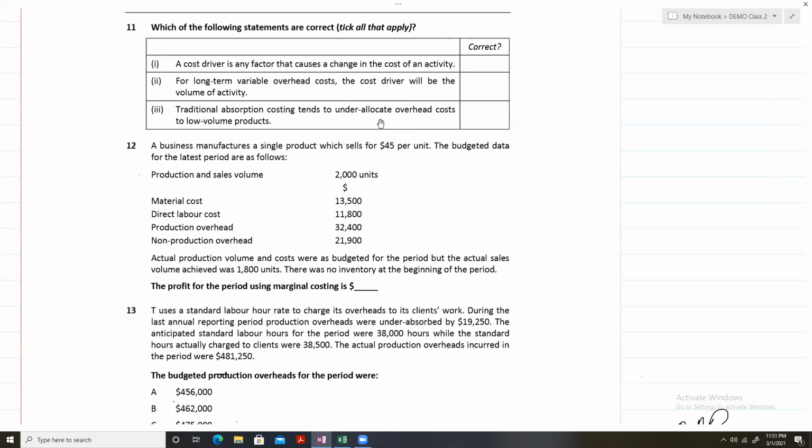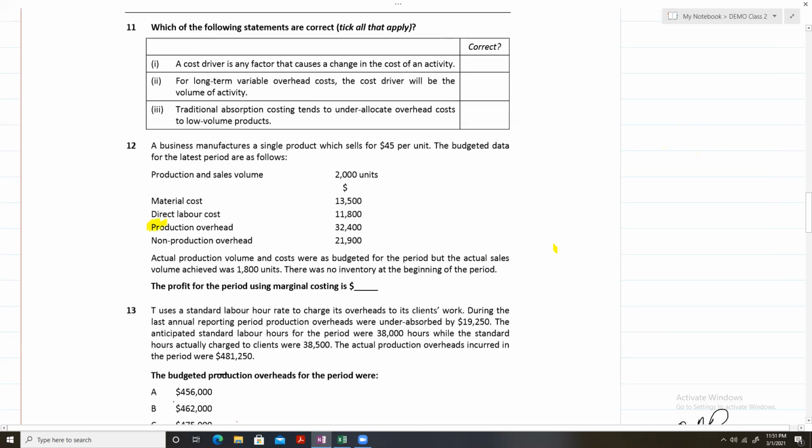Now, in this question, we are not told whether this production overhead is variable or fixed.